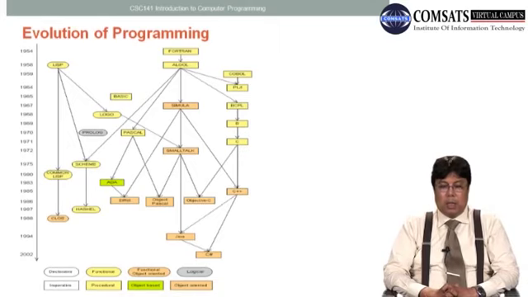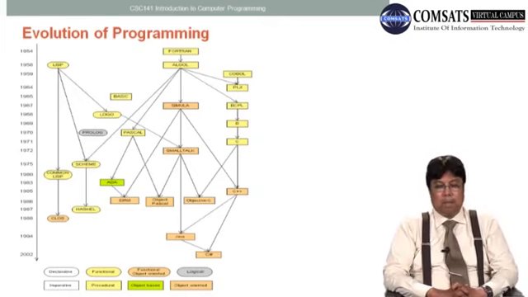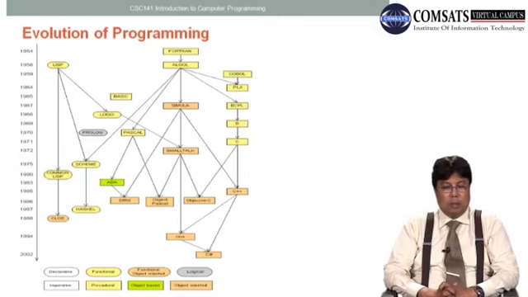From C++ we produced Java, and then we combined the features of Java and C++ to produce C#.